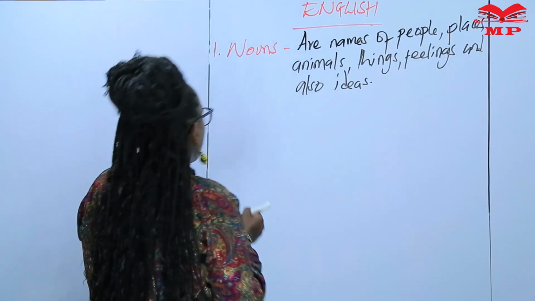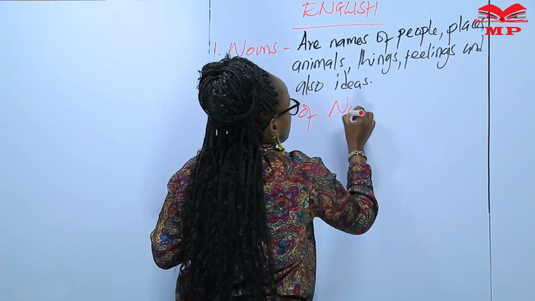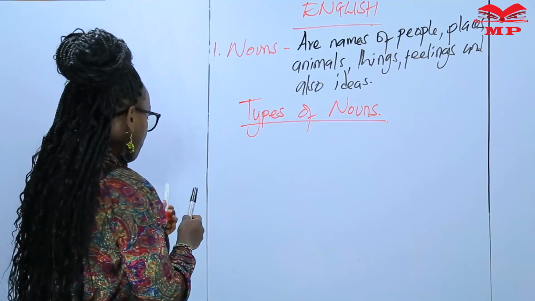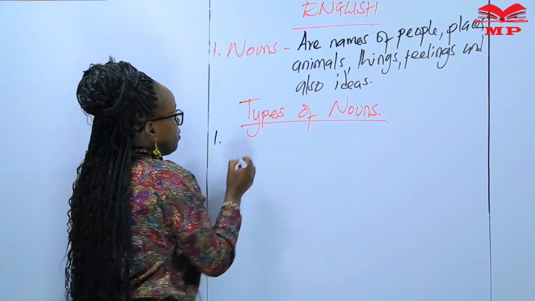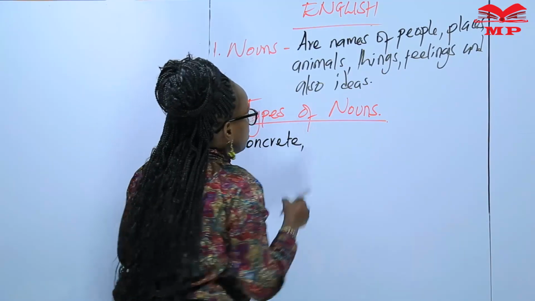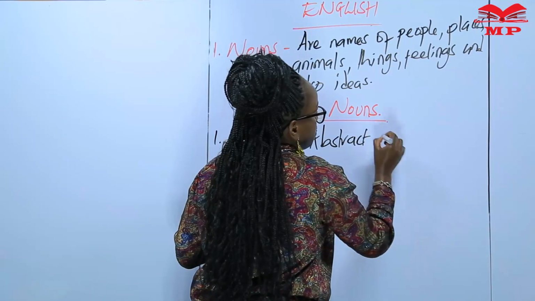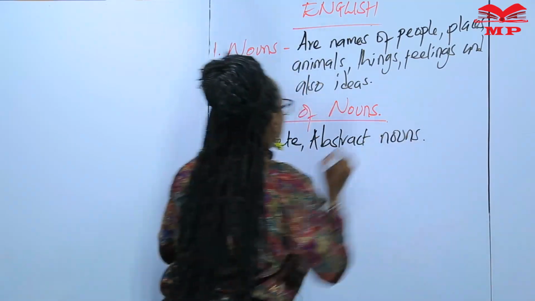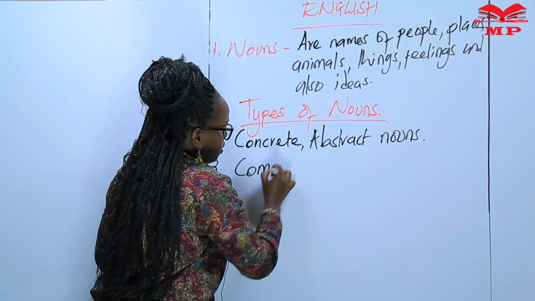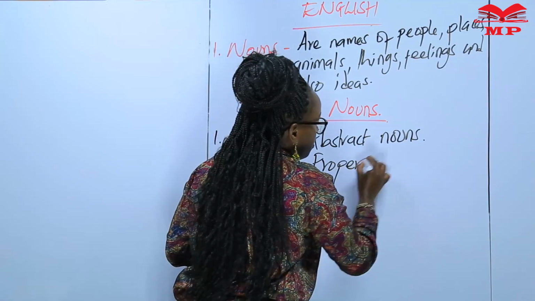So the types of nouns. The first type, we have what we call the concrete, and we also have what we call the abstract nouns. And then on to the second one, we have what we call the common and the proper nouns.